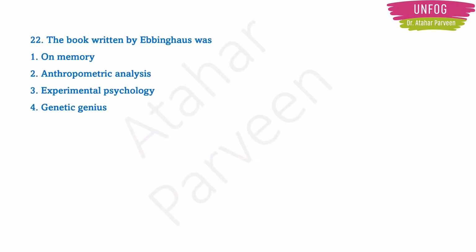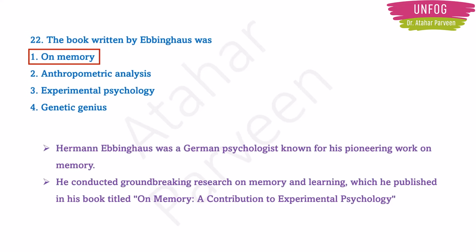Next, question number 22. The book written by Ebbinghaus was. So, what is the book name which was written by this psychologist? On Memory, Anthropometric Analysis, Experimental Psychology, Genetic Genius. Actually, the book which he wrote, Ebbinghaus, was On Memory. He was a German psychologist.